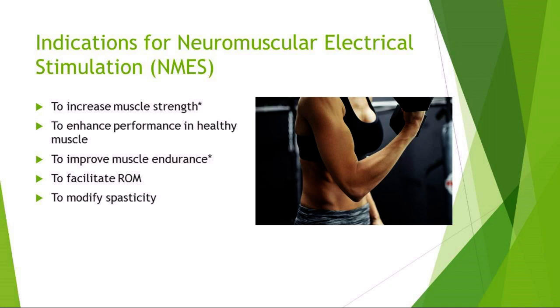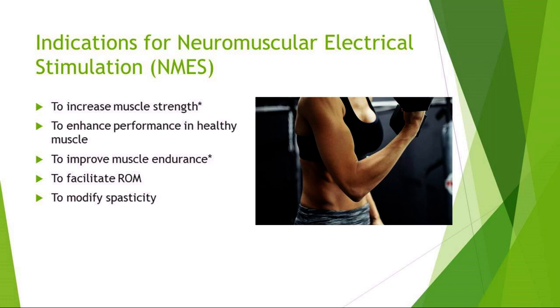So the indications for neuromuscular electrical stim, there are 5 of them on this page and then 1 on the next page, just so you know that's the 6 in the learning objectives. To increase muscle strength is one of them. And there are asterisks on those, which means we'll talk about these. To enhance performance in a healthy muscle, we rarely use that in PT, but a lot of times in the athletic training world they will use that, and we'll talk about the pros and cons of that.